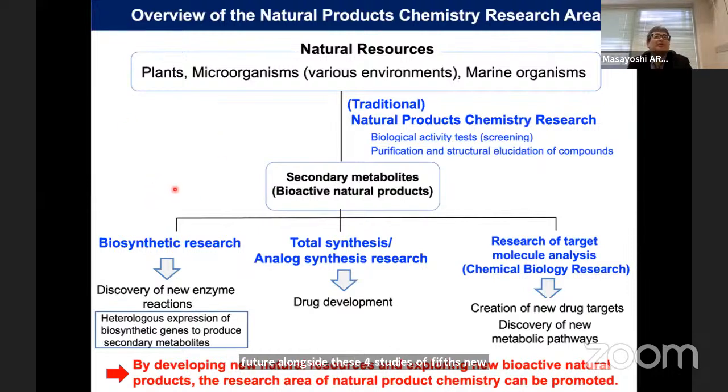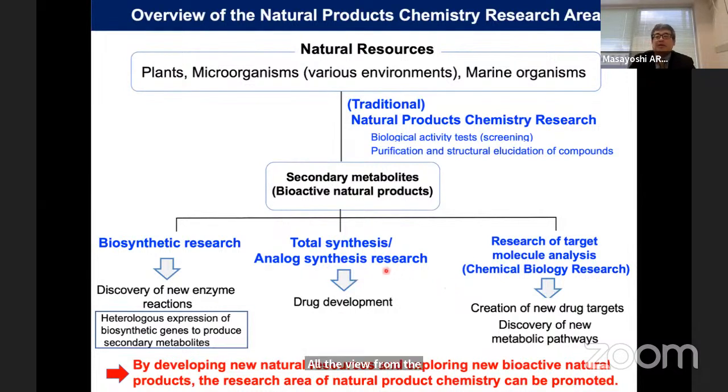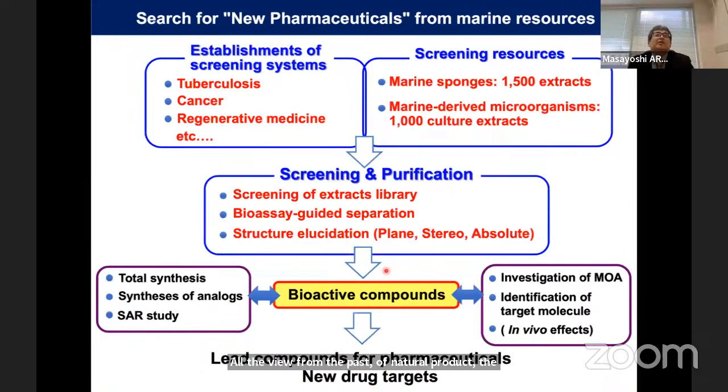In our laboratory, we conduct traditional natural product chemistry research, total synthesis and analog synthesis, and chemical biology research, all viewed from the perspective of natural product drug discovery. This slide summarizes the studies in my laboratory.